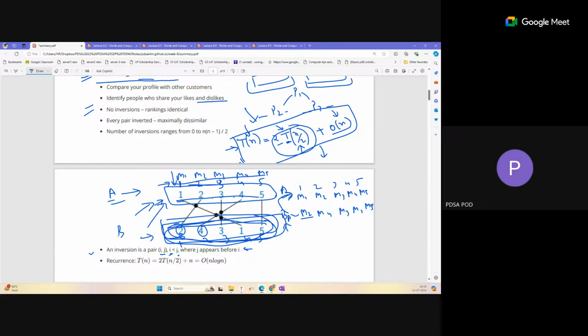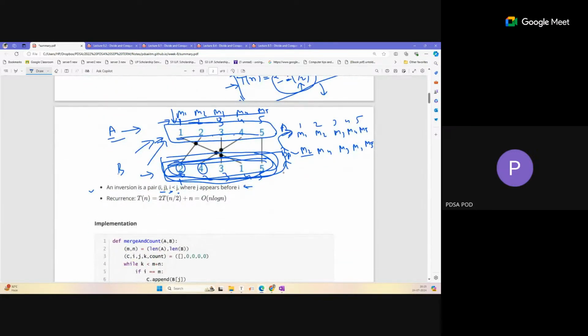So if you think of this 2 4 3 1 5, we want to find the inversion pairs corresponding to this sorted sequence 1 2 3 4 5. That means the values should come in this order, so the first is smaller than the second, the second is smaller than the third, like this.